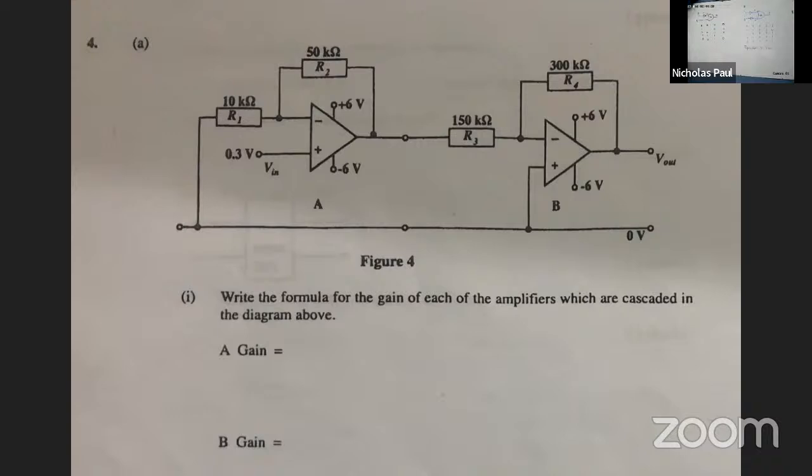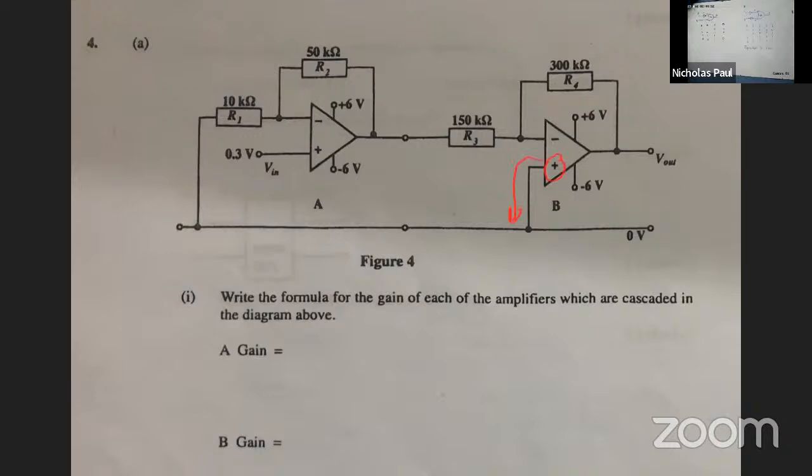Inverting, because the positive terminal is connected to the earth.